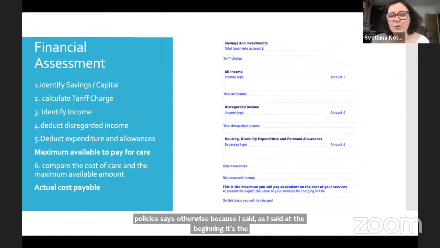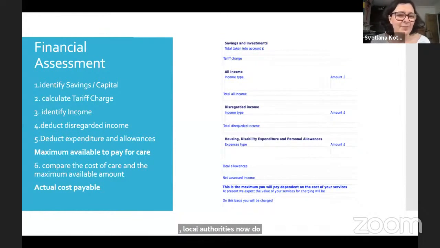I don't know of local authorities now that do that, except Hammersmith and Fulham that doesn't charge. But it doesn't mean that there aren't local authorities that might have higher capital thresholds.